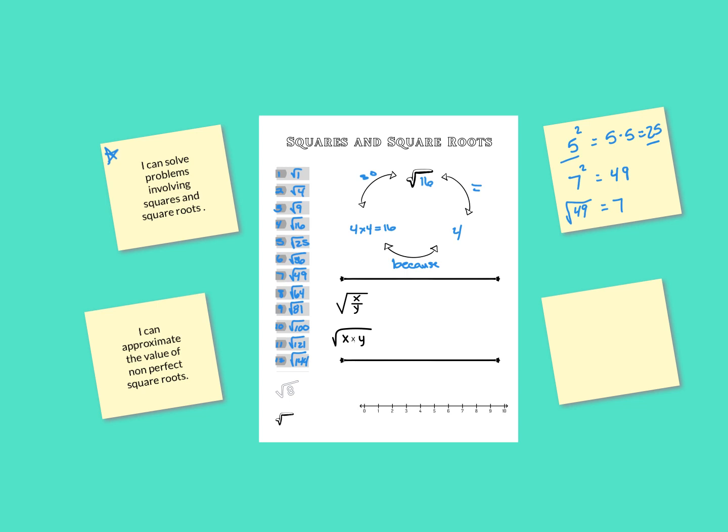We typically want to know the numbers 1 through 12, which are the most common that we will find. So these are all perfect squares. They have a whole number answer.